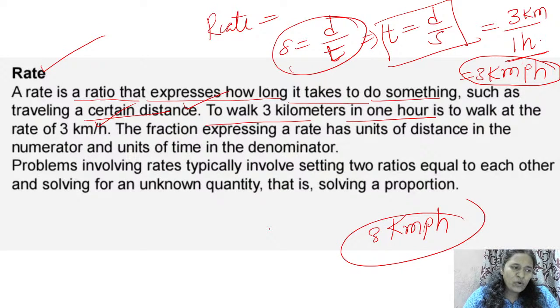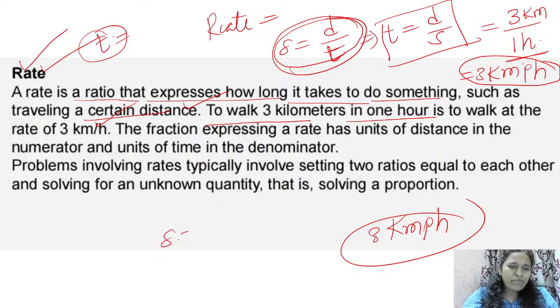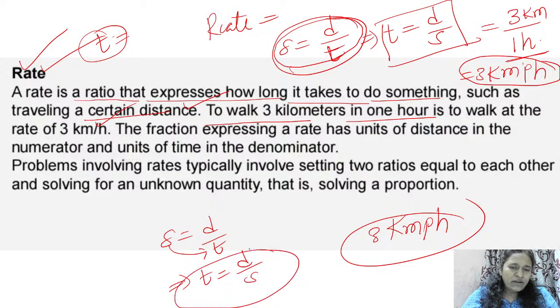Rate means time only. In speed and distance, we will say it as time, and here I am saying it as a rate. We have to know this formula. Speed is equal to distance by time. Then from this equation we will get the time. Time is equal to, speed will come this side, distance by speed.